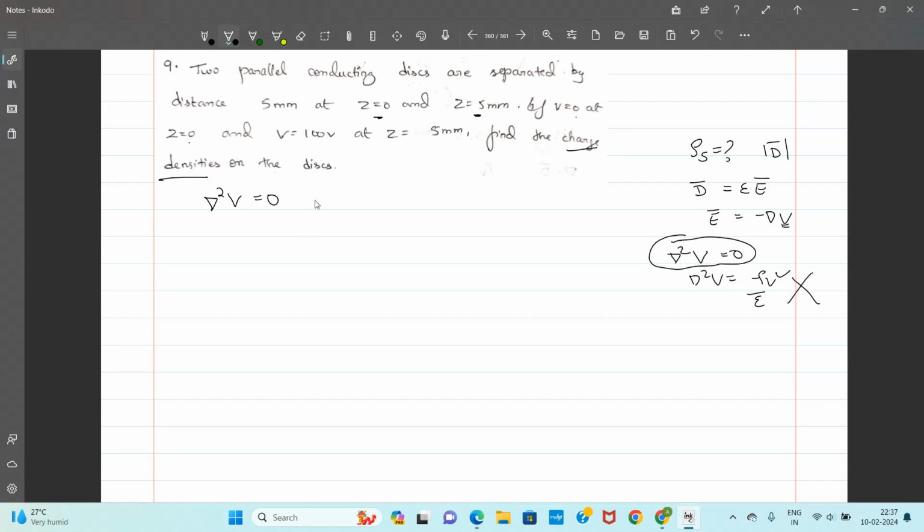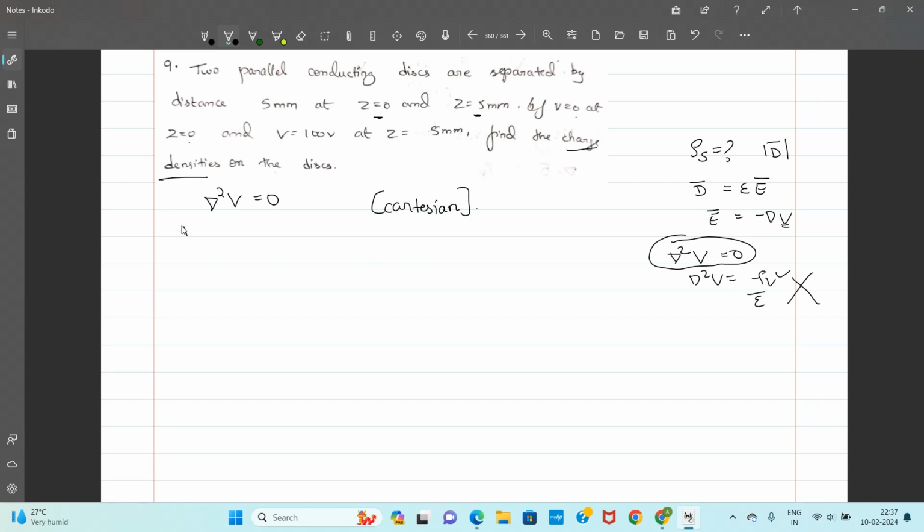Right. The next thing you need to know here, they have given there are two conducting discs which are separated by a distance, and they have mentioned only z value, which means they have given only z-axis value here. Okay, so if it is only z-axis value, I can assume that the system is Cartesian system.